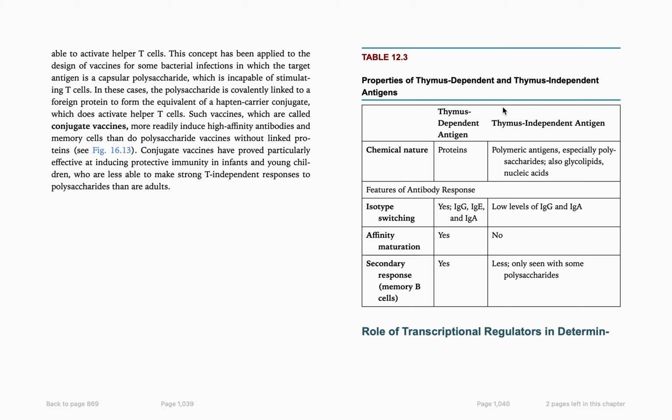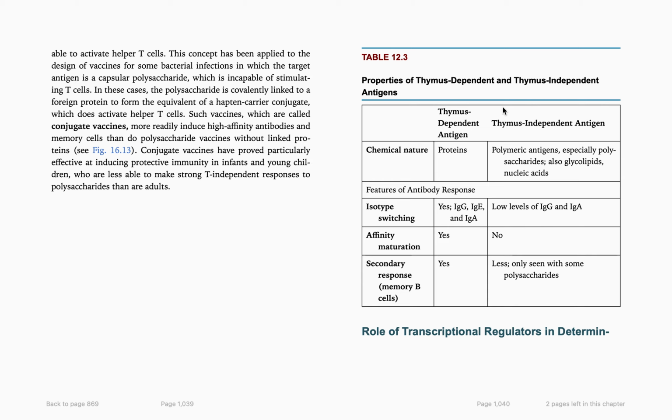In these cases, the polysaccharide is covalently linked to a foreign protein to form the equivalent of a hapten-carrier conjugate, which does activate helper T cells. Such vaccines, which are called conjugate vaccines, more readily induce high affinity antibodies and memory cells than do polysaccharide vaccines without linked proteins.